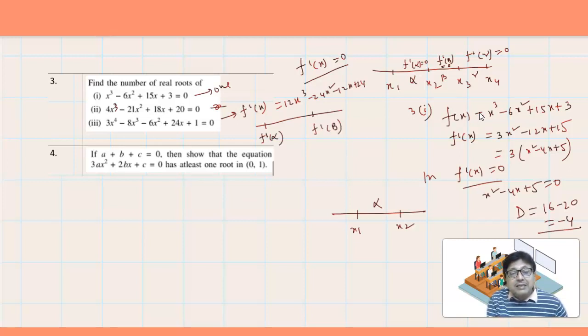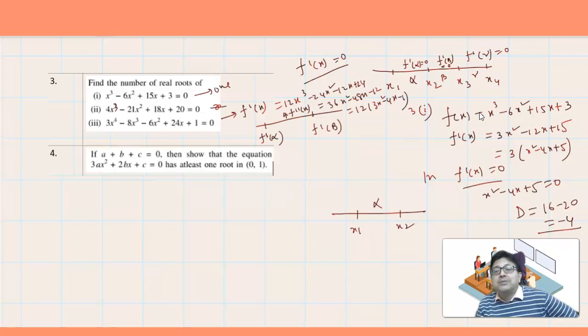Can't I say that there is a real root of f''(x)? I mean the second order derivative case. f''(x) is what? That is 36x square minus 48x minus 12. If you take 12 as common, it is 3x square minus 4x minus 1.